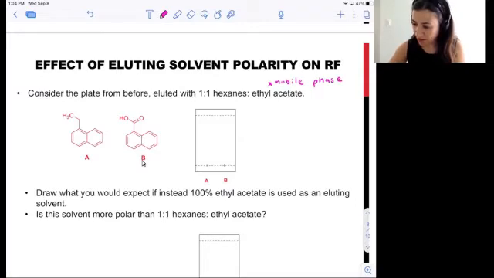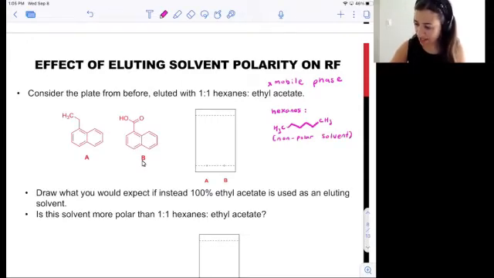And to remind ourselves, as we're getting into naming organic compounds in lecture, hexanes refers to a 6-carbon hydrocarbon chain, 1, 2, 3, 4, 5, 6. No polar functional groups at all, simply hydrogen and carbon. So this is a relatively non-polar solvent.